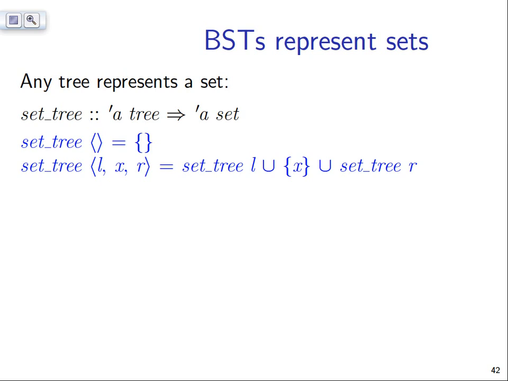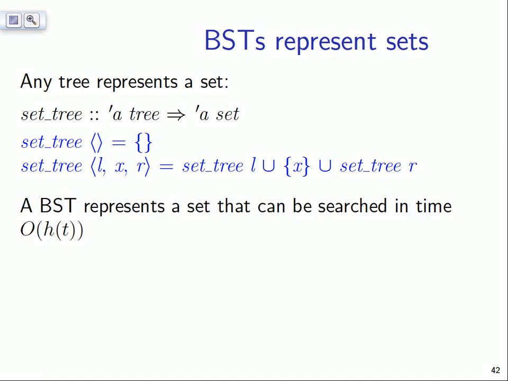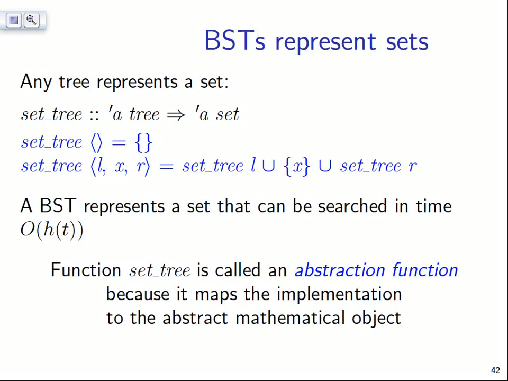So although we work with trees, what we're trying to achieve is really operations on sets. That's the idea of a binary search tree: you can search for elements in time O of the height of the tree.